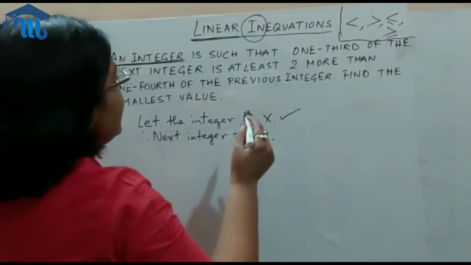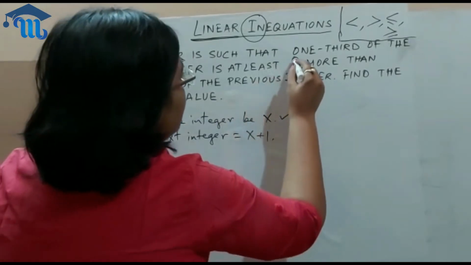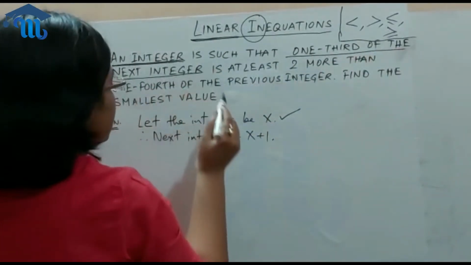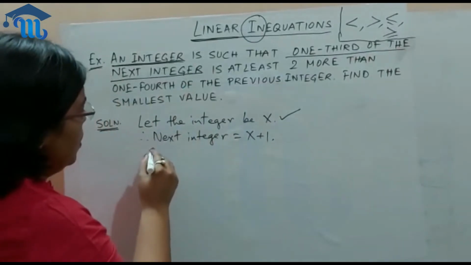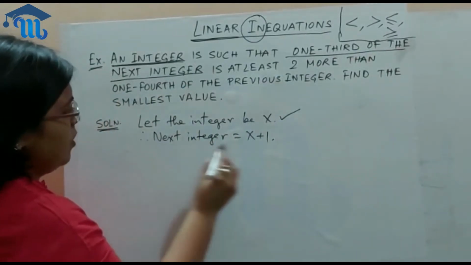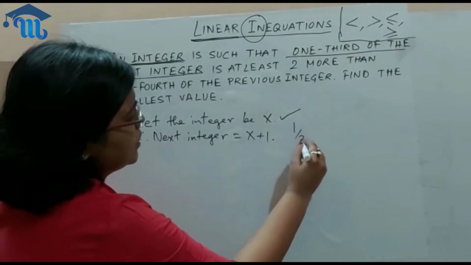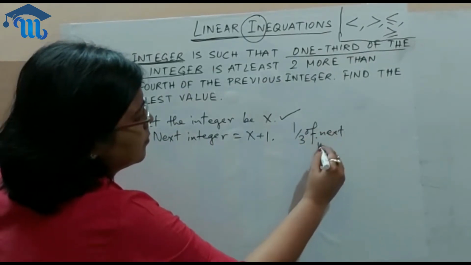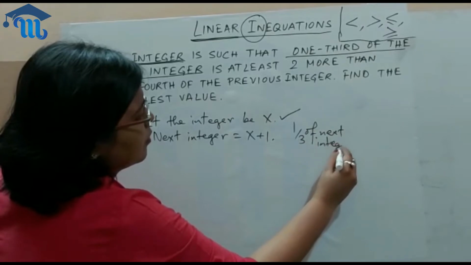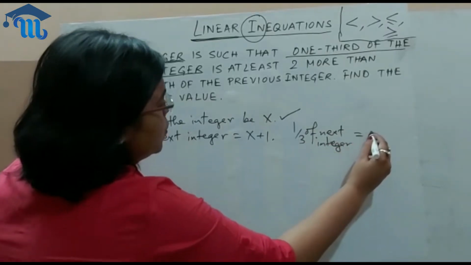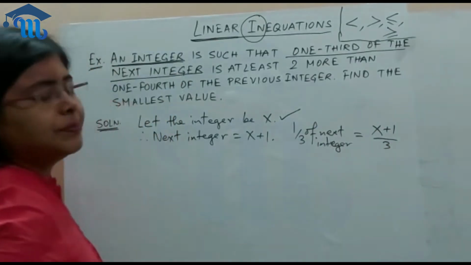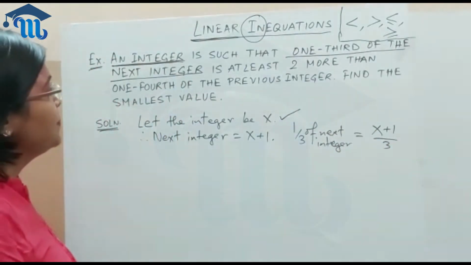And it is said that 1/3 of the next integer, which means if I have to take 1/3 of the next integer, we should be getting a value (x plus 1) by 3. I hope that is fine.